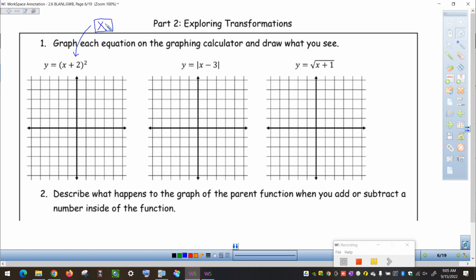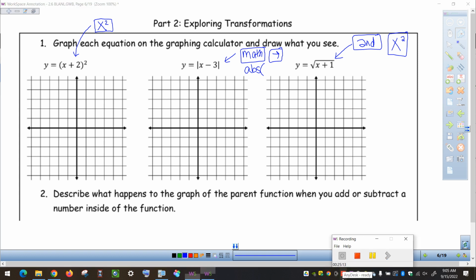So it was a little button that looks like an X squared to get the square. We had to do a few more steps on this one. We pressed the math key, then we arrowed over to the right. Underneath the number menu, we got the ABS. Just press enter. And then in order to make the square root symbol on your graphing calculator, we just press the second key, and then we press the square key. Otherwise, it should be pretty straightforward if you're doing that in Desmos.